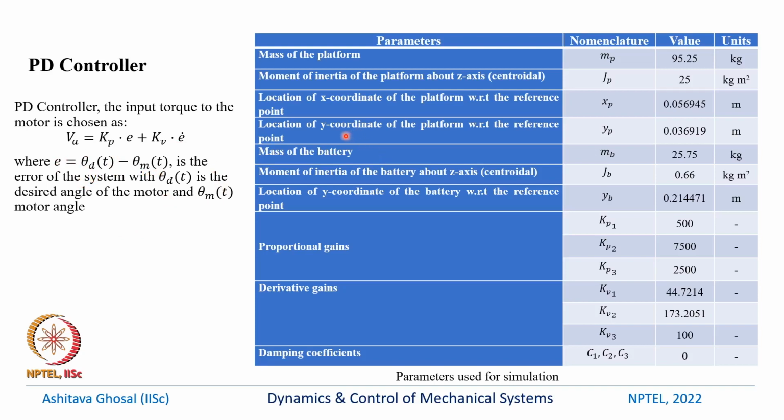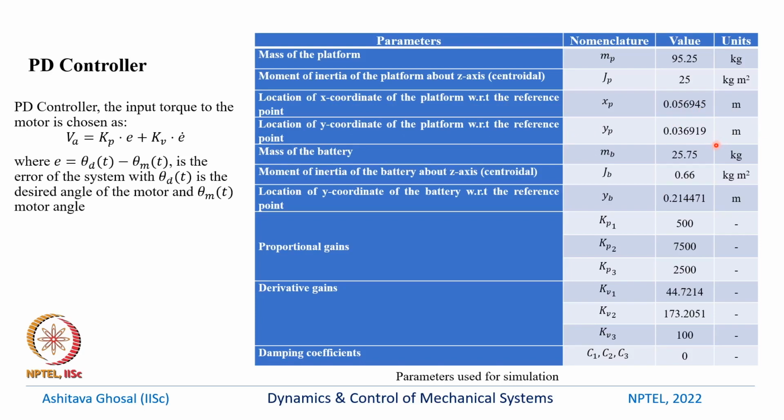For this two-wheeled vehicle, we have all these different parameters. For example, the mass of the platform, MP, is 95.25 kilograms. The centroidal moment of inertia of the platform about the z-axis, Jp, is 25 kg meter square. The x coordinate of the platform with reference to the reference point is 0.0569 meters.